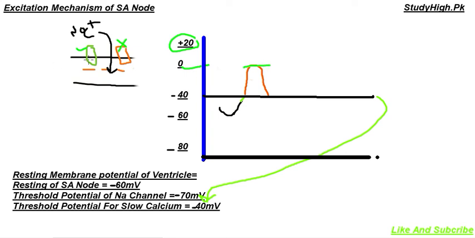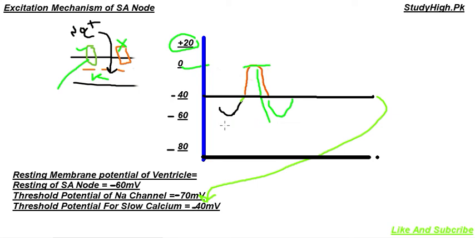When potassium channels open, the potassium present inside will start moving towards the outside. As a result, the potential starts decreasing, and slowly it reaches its original minus 55 to minus 60 resting membrane potential. So potassium causes repolarization.